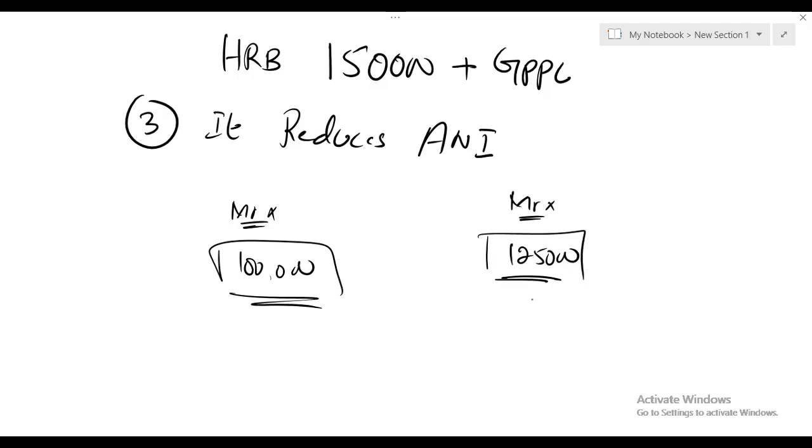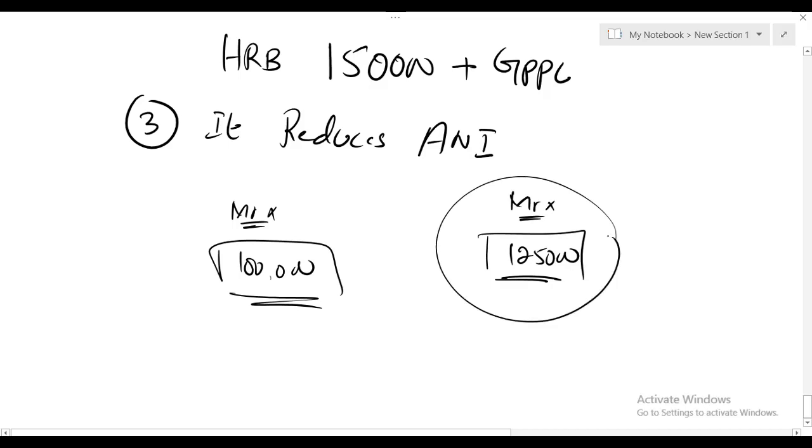By contributing in PPC, you are going to save tax. So, interestingly, if Mr. X contributes in PPC, Mr. X is not going to save tax at 20%, 40%. In fact, Mr. X in this situation is going to save 60% tax.